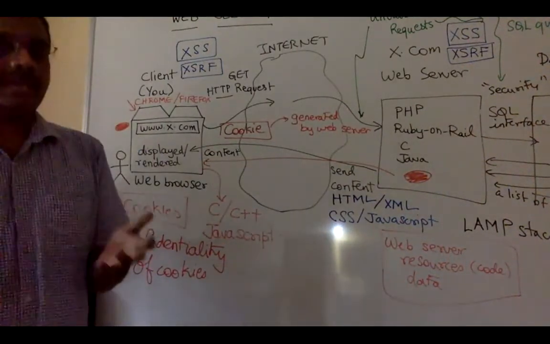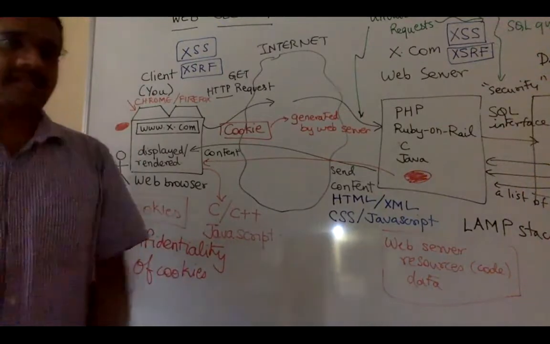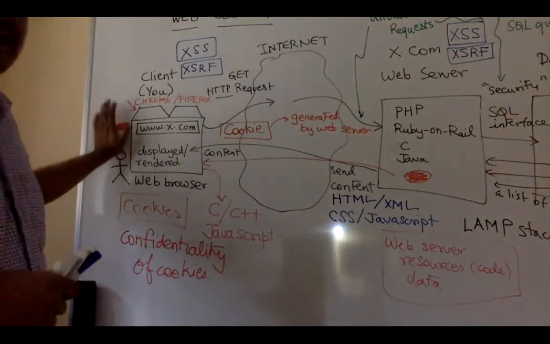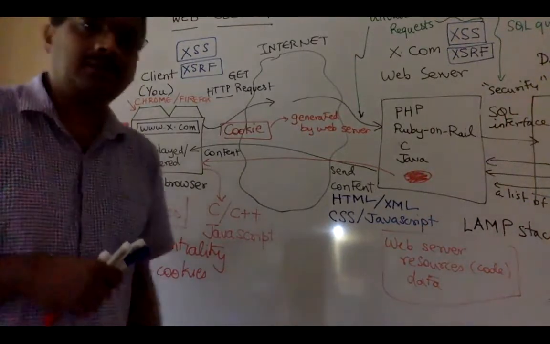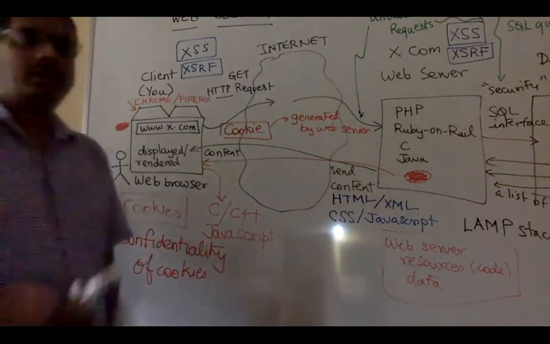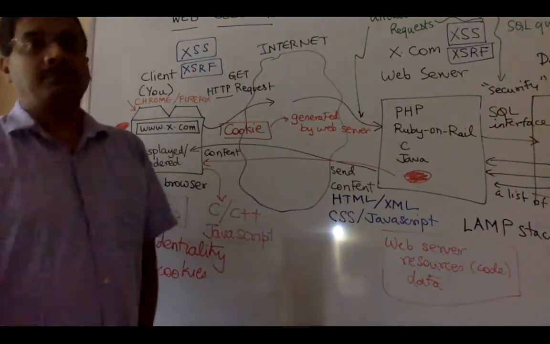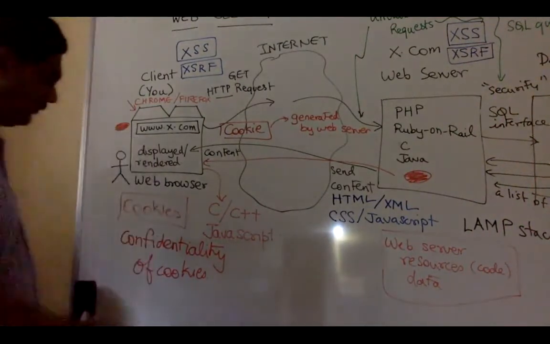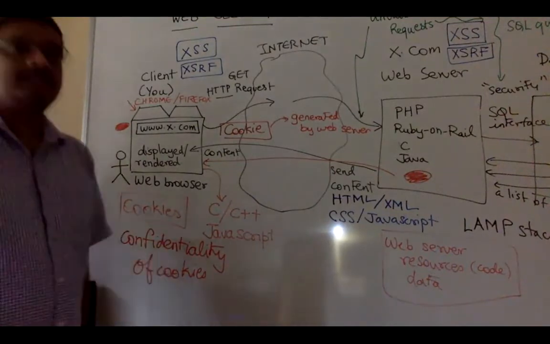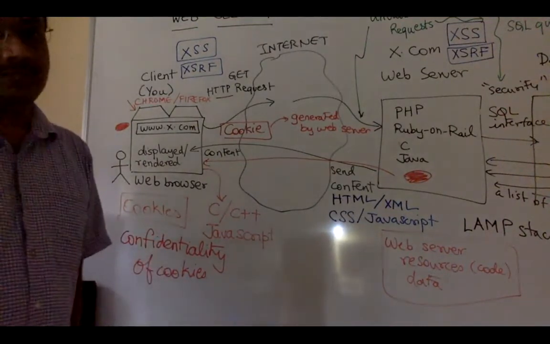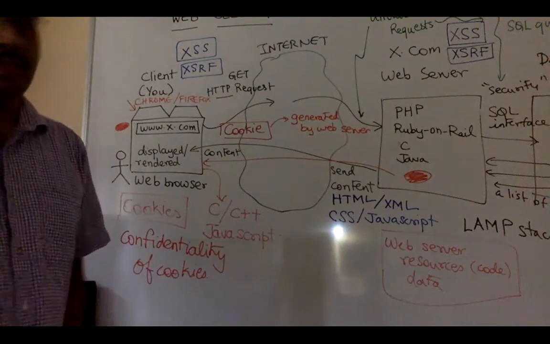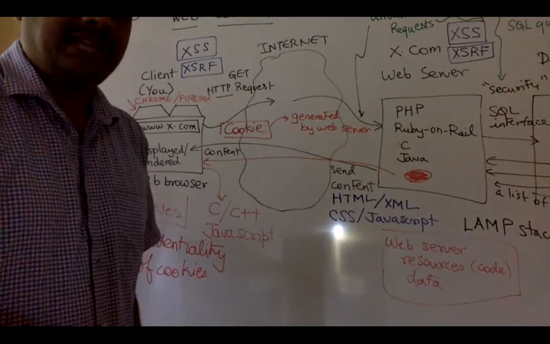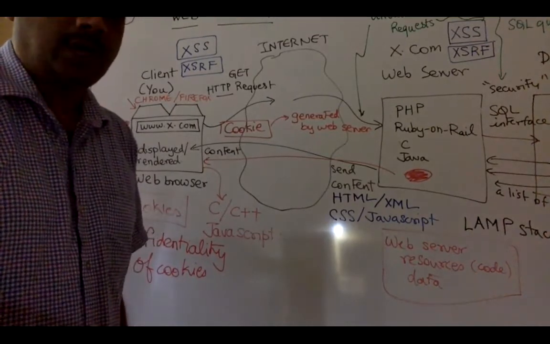But as long as the cookie is still valid, so there is a timestamp associated with every cookie, and as long as you haven't discarded it, if you give the cookie to somebody else, that other person can impersonate you. Therefore, the confidentiality of cookies is of paramount importance in web security. All right? So let me just erase the board and then we can talk about some more material.